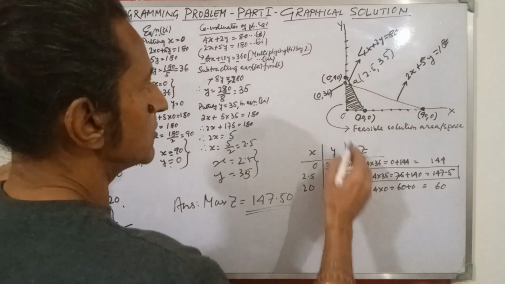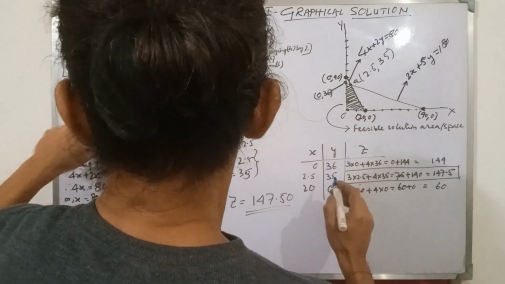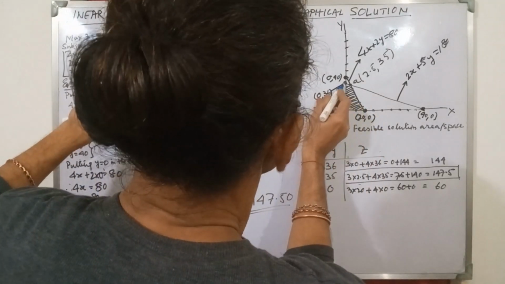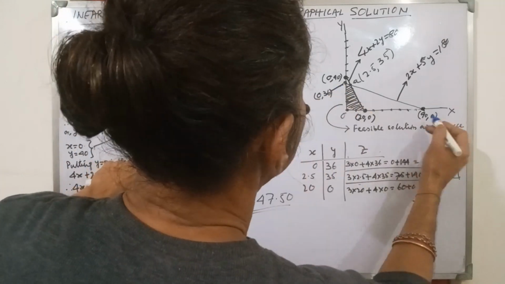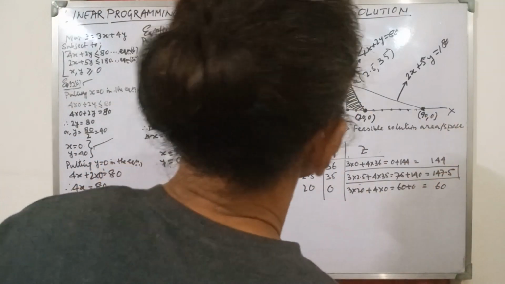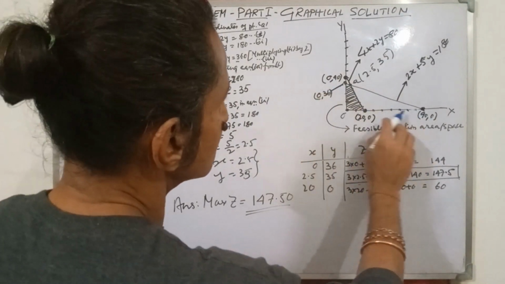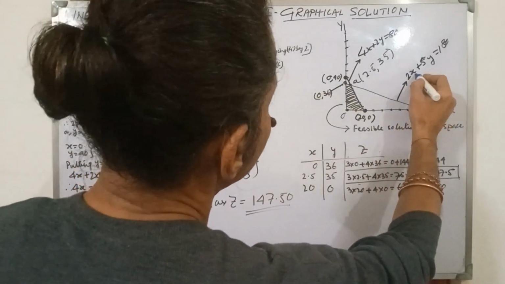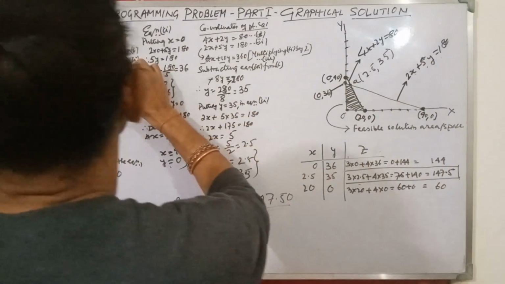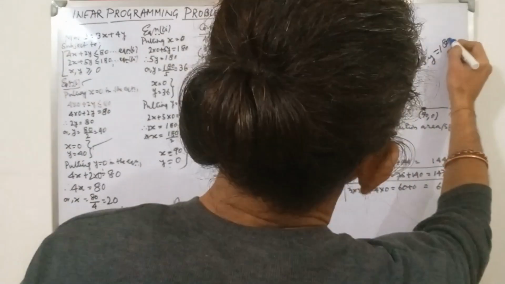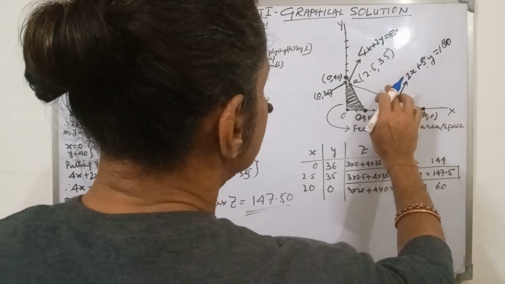And we plot those coordinates, 0, 36 this point and 90, 0 this point. We have joined these points with a straight line. So 2x plus 5y equals 180 is the equation of this straight line.